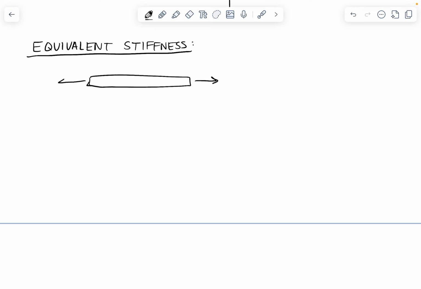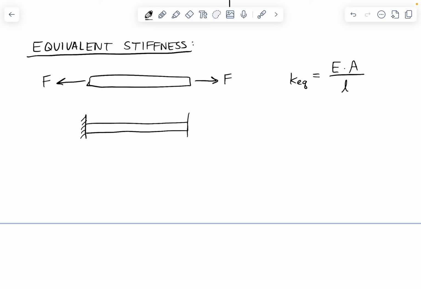First, we'll talk about an axial load. The equivalent stiffness of this shaft is Young's modulus of the material that it's made of times the cross-sectional area divided by the length of the shaft. Simple enough. Now let's have a fixed end condition and a transverse load in the middle.